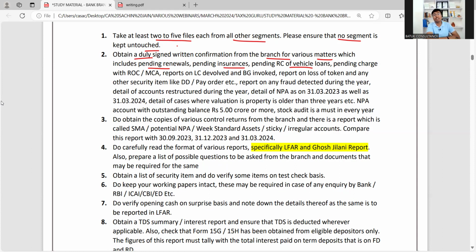In that case, the bank manager will confirm that they will take it in the next 7 to 10 days, or that due to these circumstances the renewal is pending. So, to save ourselves, we just need to demand one declaration from that bank manager regarding the pendency, that this document is pending and will be obtained within the next 7 to 10 days, and that this is the situation due to which we are not able to complete this particular task. That is what we need to do.